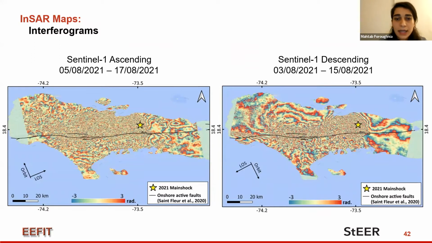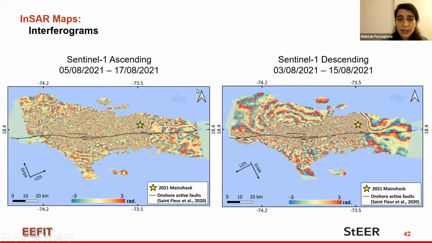Interferogram is one of the main products of the InSAR technique, which shows phase differences between two radar images before and after an event. And here, for each acquisition geometry, I mean ascending and descending, one co-seismic pair, including two Sentinel-1 SAR images before and after the earthquake, were processed to generate the interferogram maps. But what we can basically see from an interferogram is color cycles.